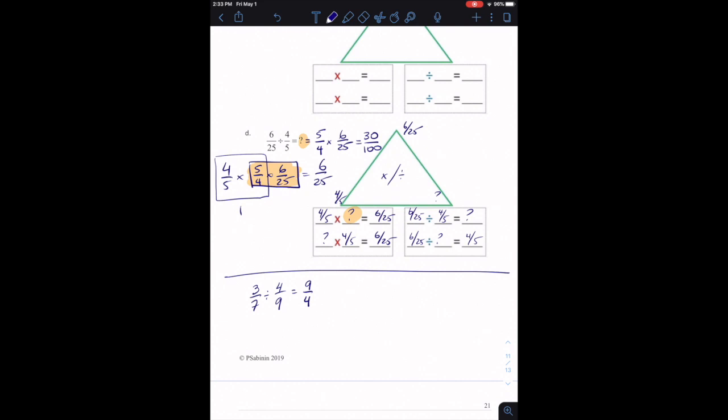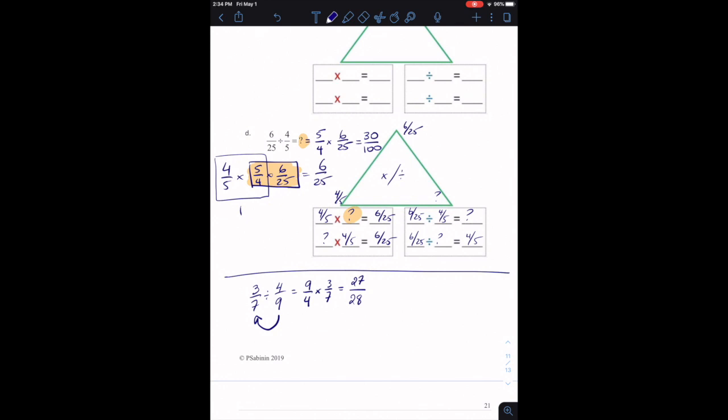So 4/9 I need to multiply by 9/4 and then by 3/7. Right? So I need to multiply that by 9/4 to get to 1, and then by 3/7 to get to 3/7. So the 1 by 1 rectangle is going to be divided into 28 pieces, and 27 of those are going to be shaded.